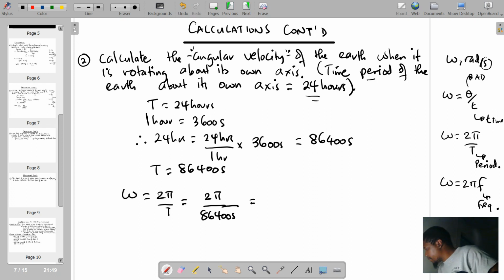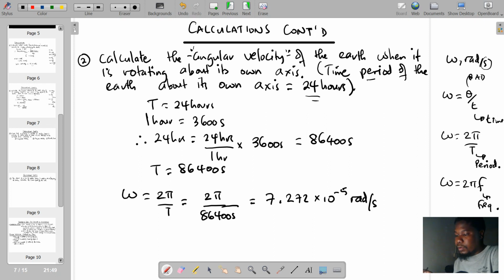Now what we end up getting is 7.272 times 10 to the power negative 5 rad per second. This should be our solution.